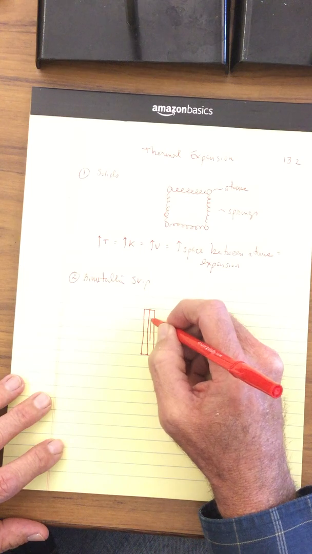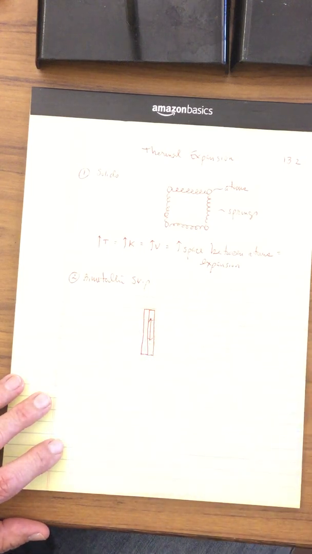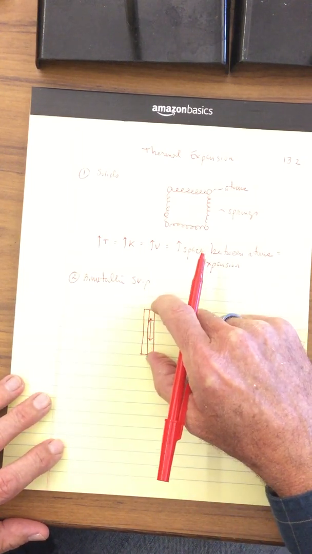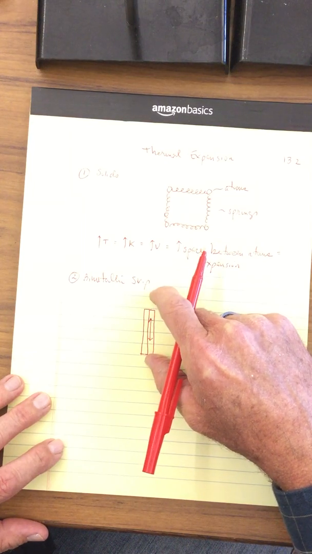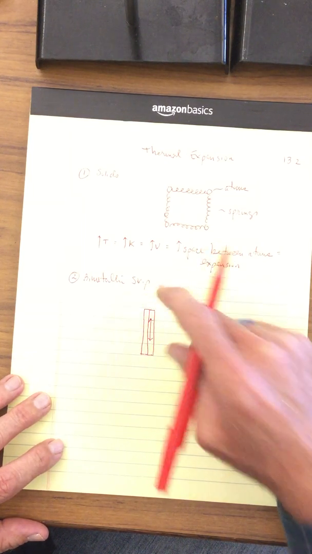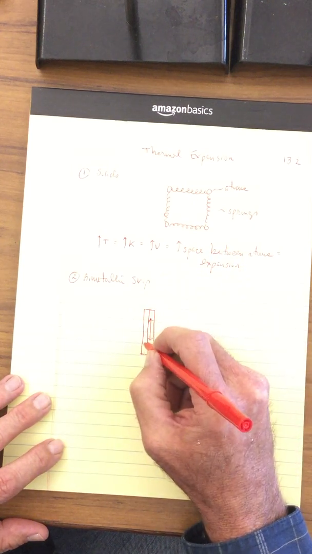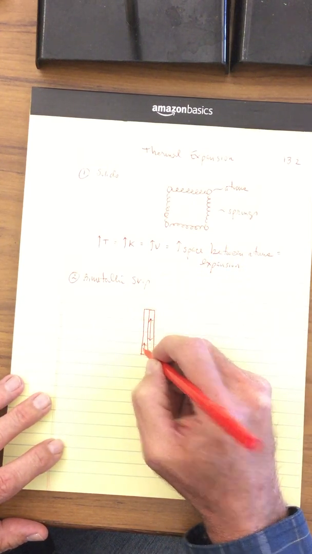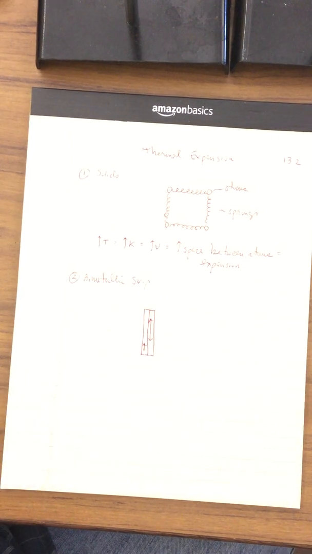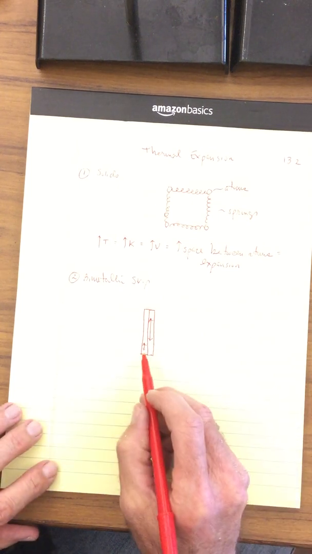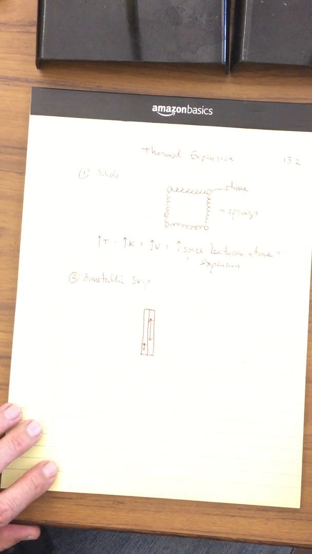So these particles are going to be expanding, and this length of the metal is going to get longer. But over here, this is the other metal, be it zinc or iron, does not expand as much. They're all going to expand because of the thermal energy, but this one does not expand as much.